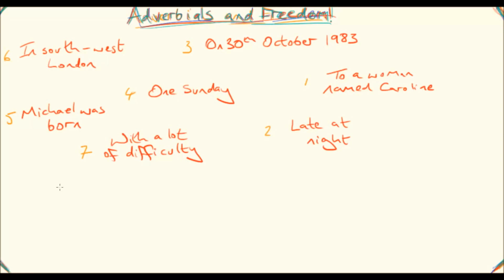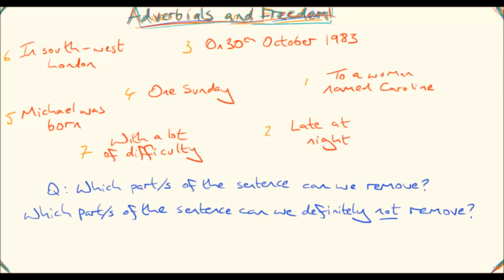Can you see a pattern forming here? Hopefully. Before we take a closer inspection of that pattern, there's two more questions I'd like you to answer for me. First question, which part or parts of the sentence can we remove? And second question, which part or parts of the sentence can we definitely not remove?